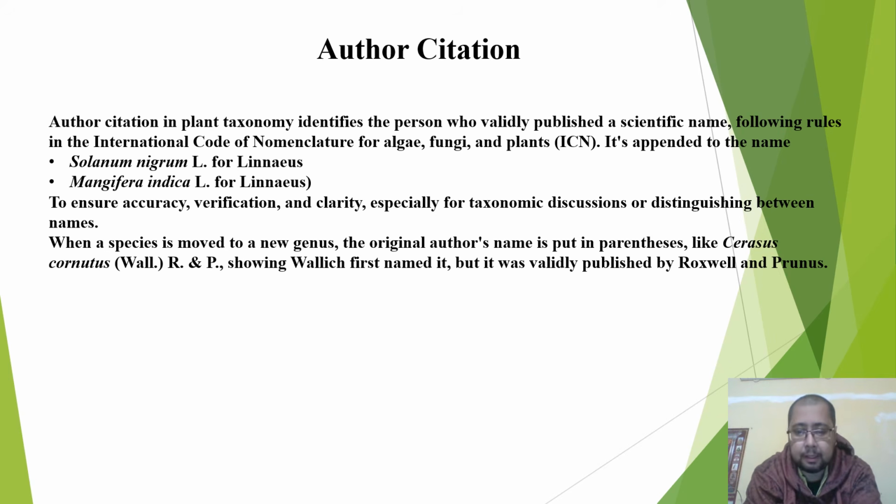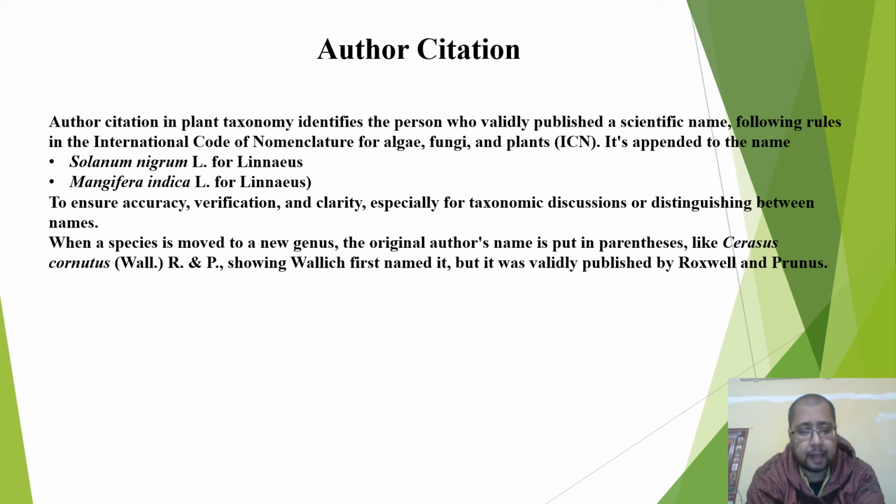For example, in case of plants, it is appended to the name, Solanum nigrum L. L for Linnaeus, who described this plant and identified it and gave it this scientific name, Solanum nigrum. Another example is Mangifera indica L, again L for Linnaeus, who identified this plant and described it.